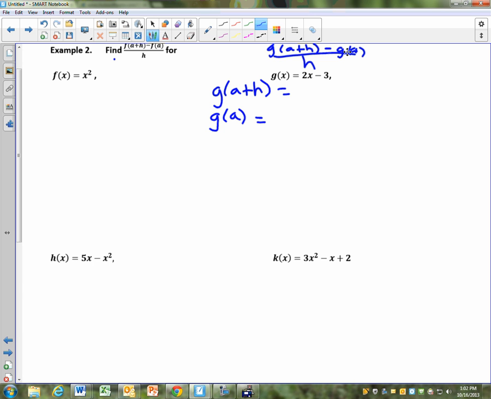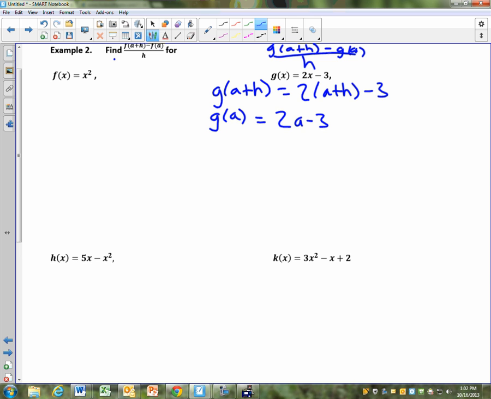What do I do with my G of A plus H? 2 times A plus H minus 3. What about the G of A? Plug it in, and you get 2 times A minus 3. Any confusion from anybody where I got those?